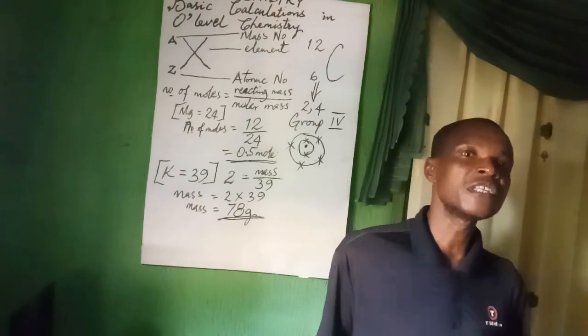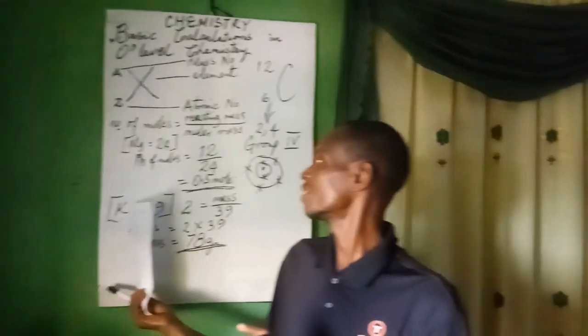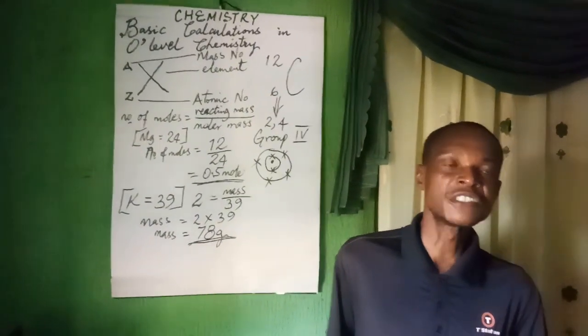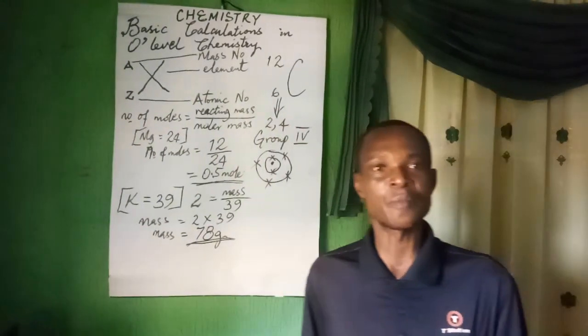So if we are calculating the molar mass of a single atom like potassium, we will say it is 39 grams, because the relative atomic mass expressed in grams gives us the molar mass.